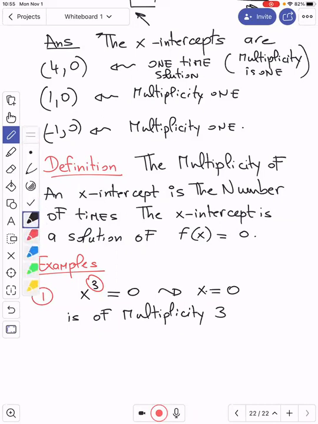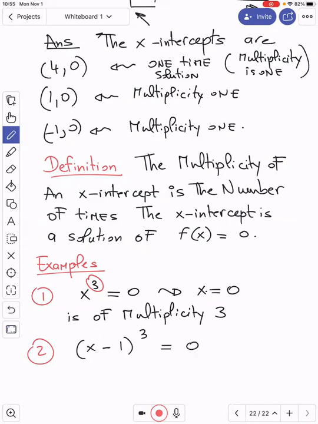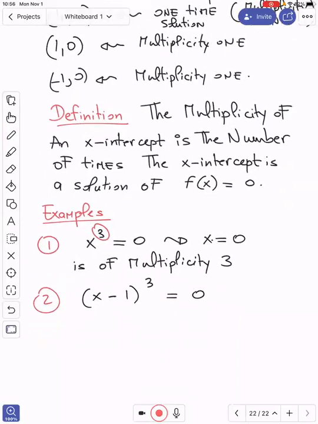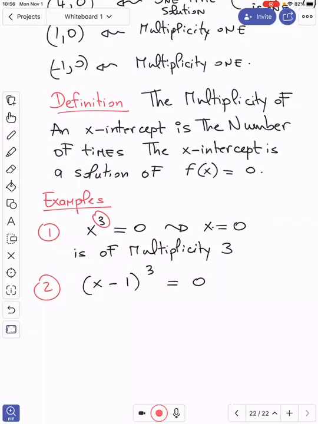Now instead of x cubed, you can have, for example, x minus 1 cubed equal to 0. If you want to solve this, all you have to do is apply the third root.